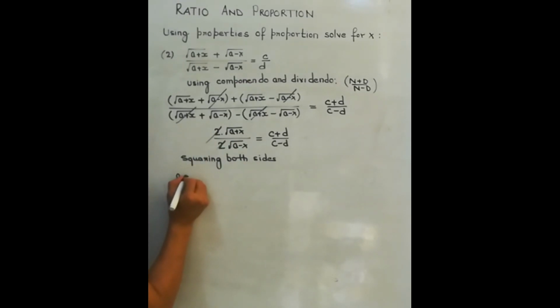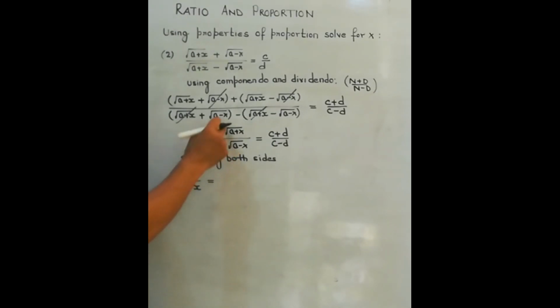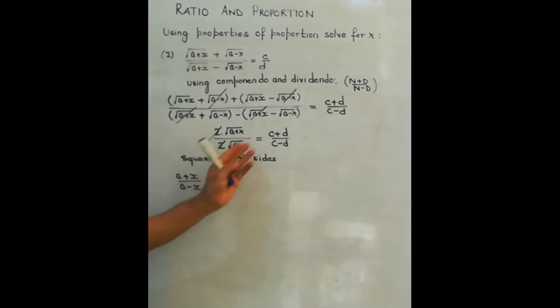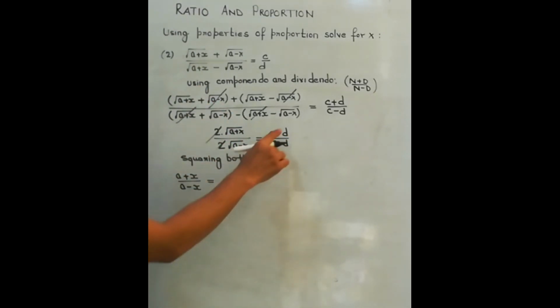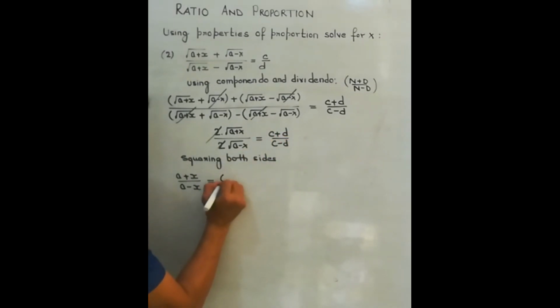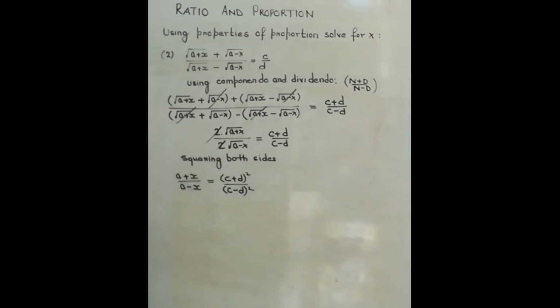I will get a plus x upon a minus x. I have squared the left side. So when I square the left side, this root sign will cancel out. Now I have to square on the right side. Now when I square on the right side, I will get c plus d whole square upon c minus d whole square. Hope this is clear to you.